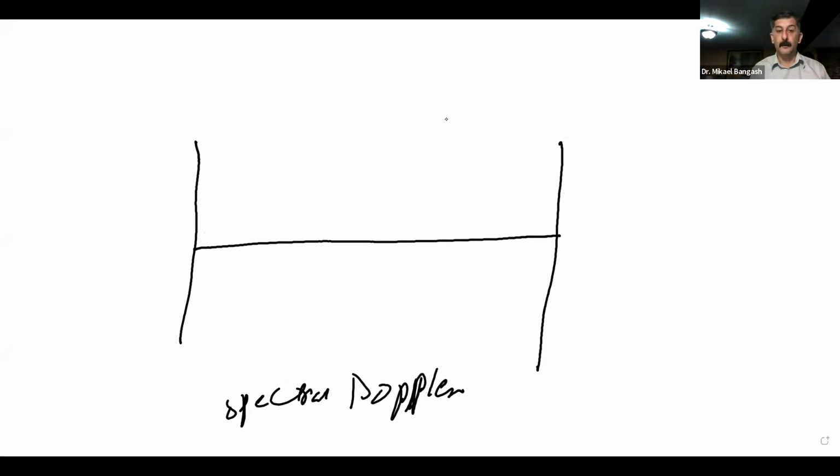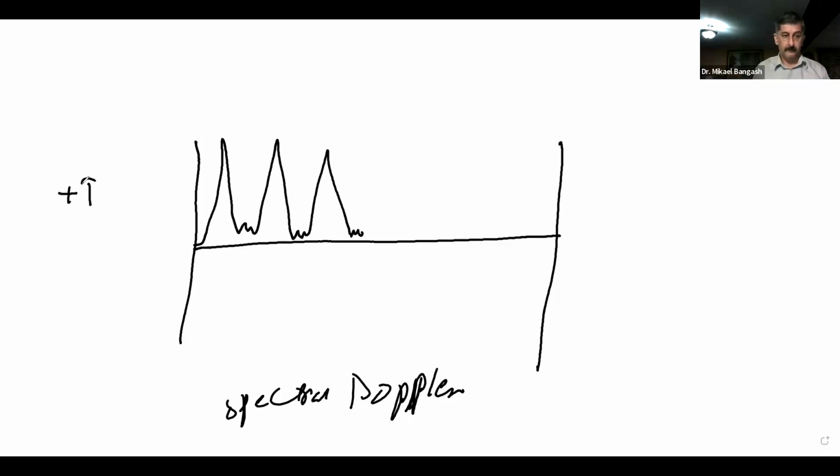And let's say that yes, we have a positive Doppler shift in a graph.